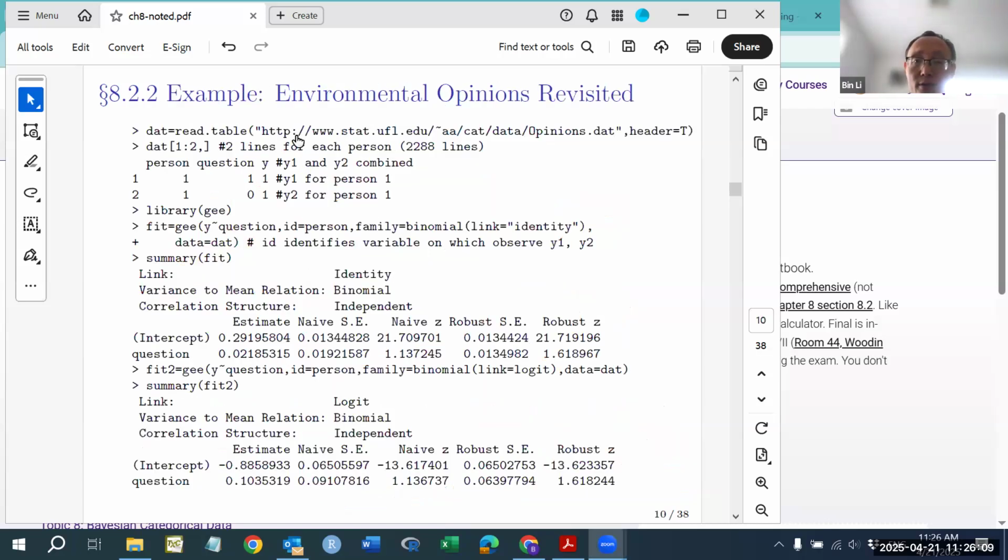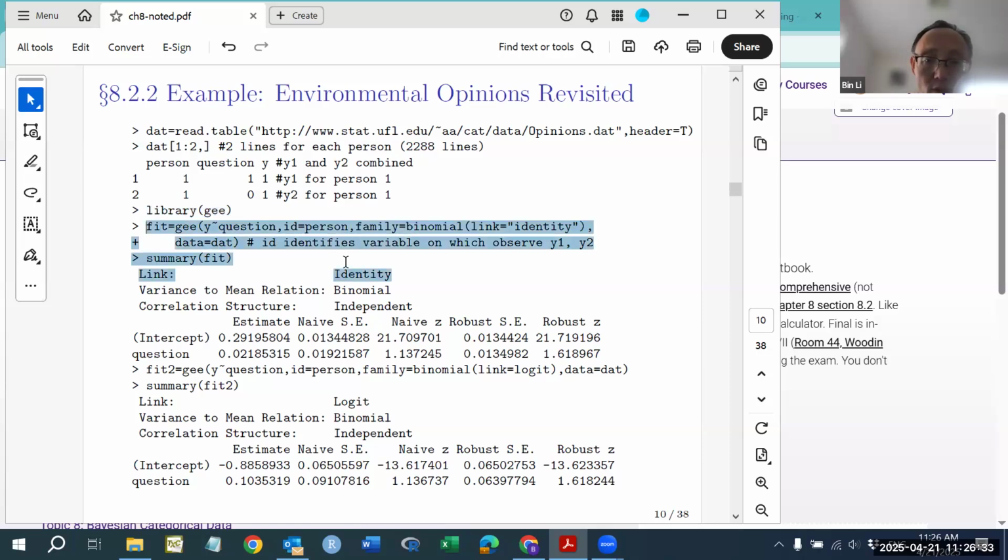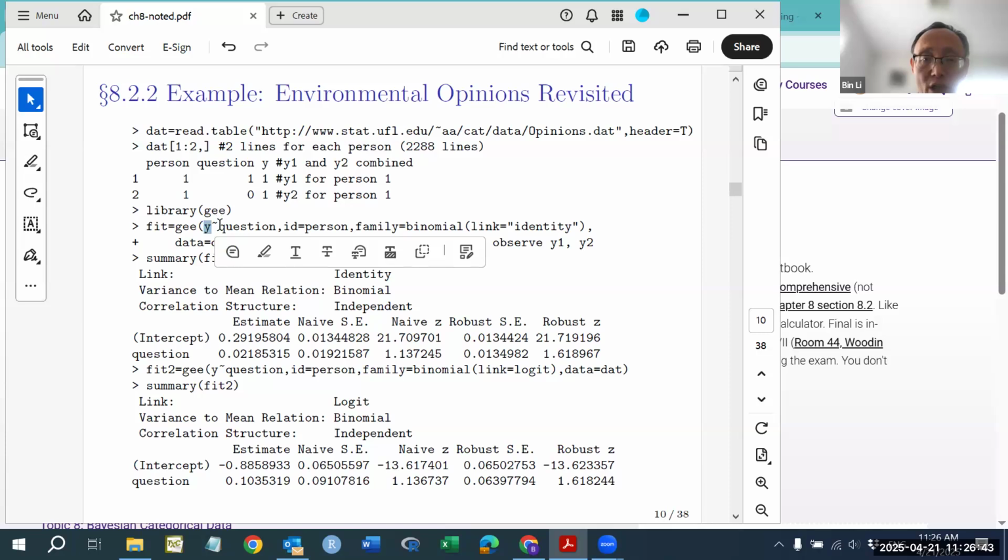Okay, so here, this is still the same data set, the environmental opinion study. So I use the library gee. That's the R library to do the generalized estimating equations. Okay, so you can see the main function is gee. I use fit equals gee. Y is the response, and we have 2 questions for each person.